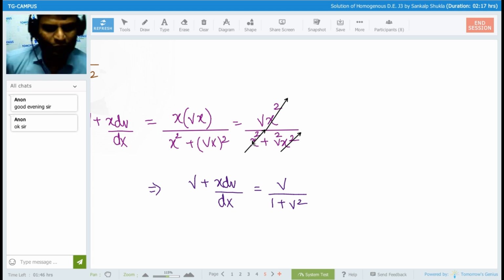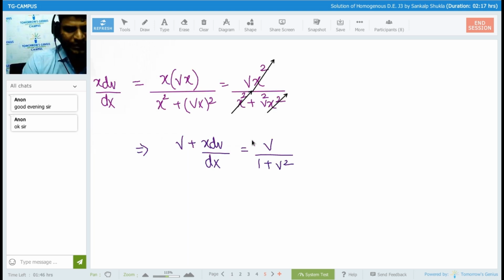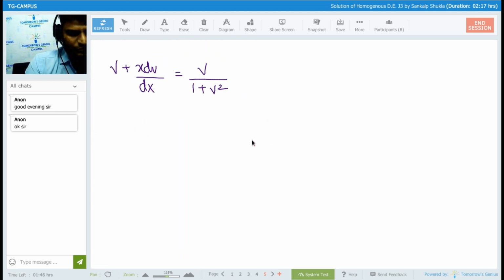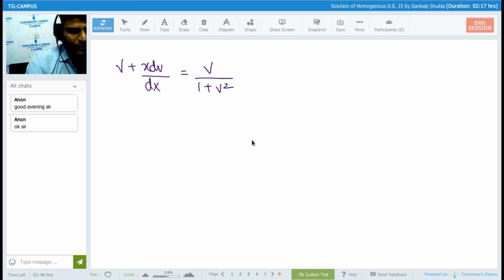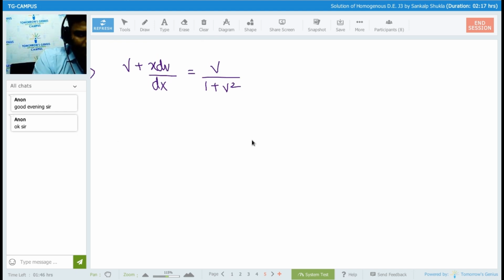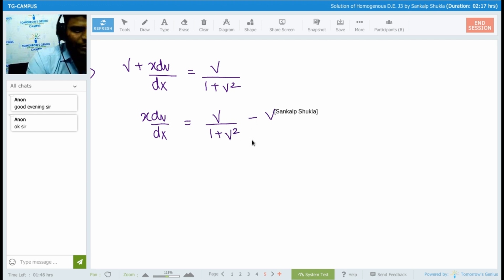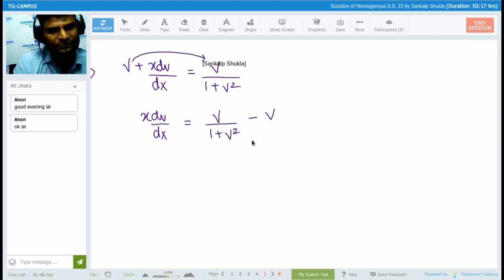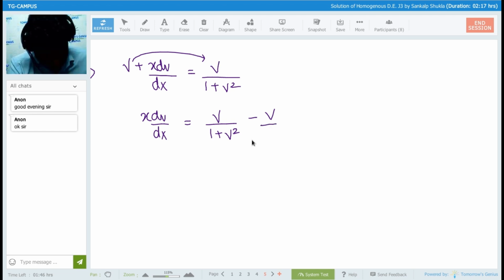Okay, so how to separate the variables now? x dv by dx can be written as v upon 1 plus v square minus v. This v will be shifted to this side, right? Now you have to take the LCM.